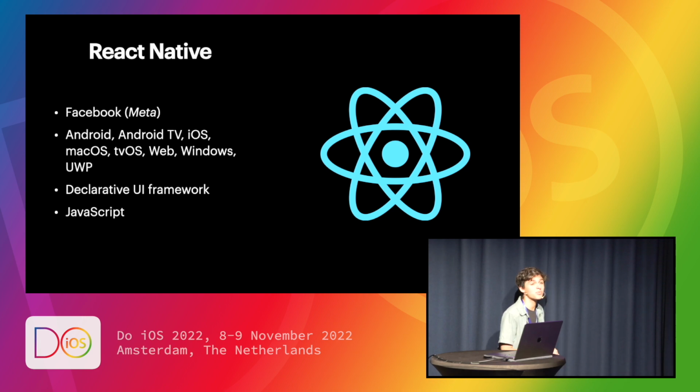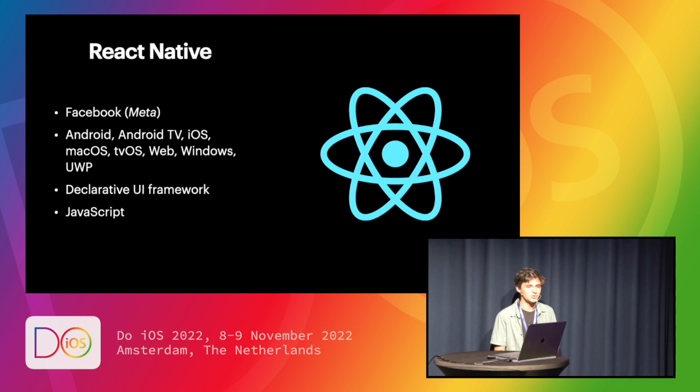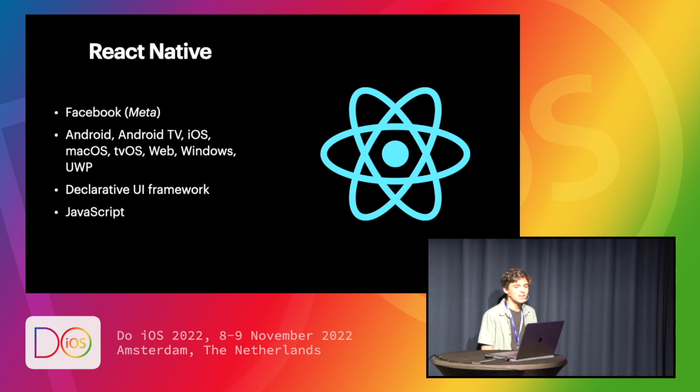Long story short, it supports a lot of devices and a lot of different operating systems. So this is going to include the Quest VR platform, whereas SwiftUI does not support a VR platform that I know of yet, which we'll see if that happens in the future. That'd be pretty interesting. But for now, if you're looking at VR, you may be pushed towards this metaverse idea that Mark Zuckerberg has decided to throw his weight behind.